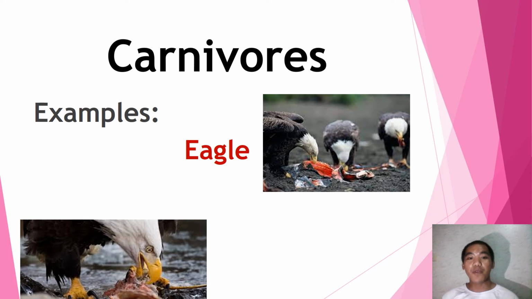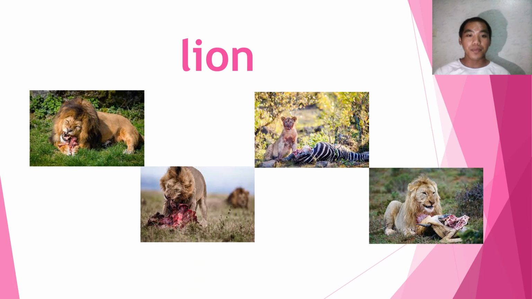An example of carnivores is an eagle. What does an eagle eat? They eat other animals such as chicken or fish, for example. Therefore, they are considered carnivores because they eat other animals. Let's see the other example.